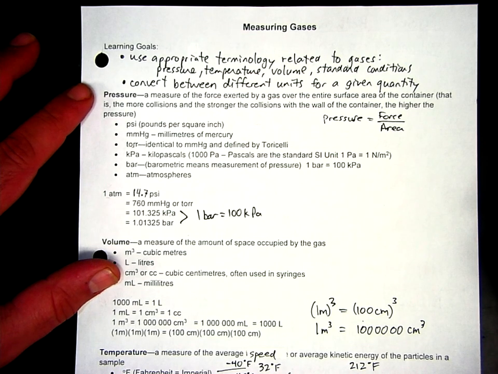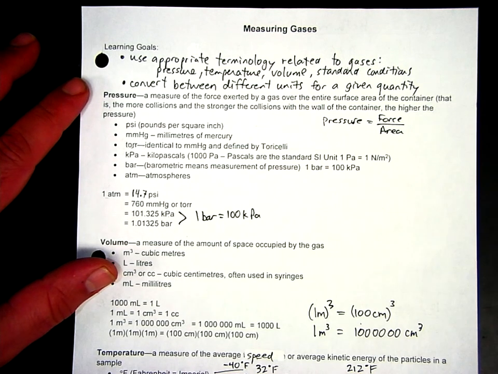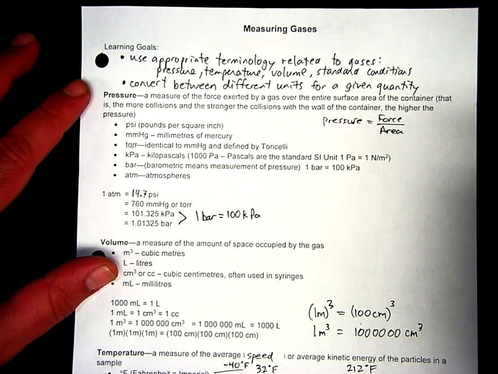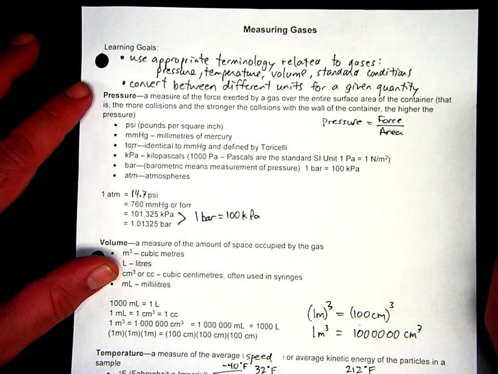open to the atmosphere, and the atmospheric pressure, the pressure that the gas actually exerts on us and on that pool of mercury, is enough to actually, under normal conditions, push that column of mercury up almost a meter, so 760 millimeters.